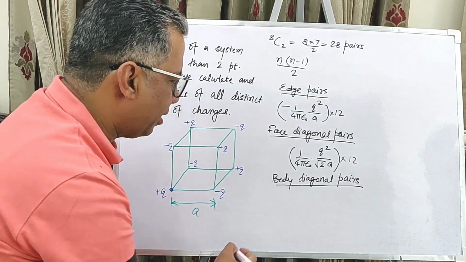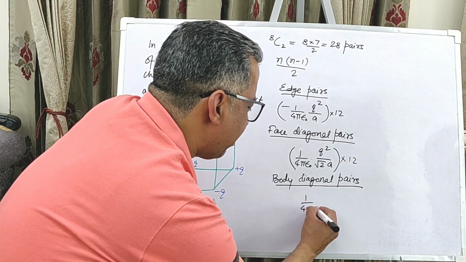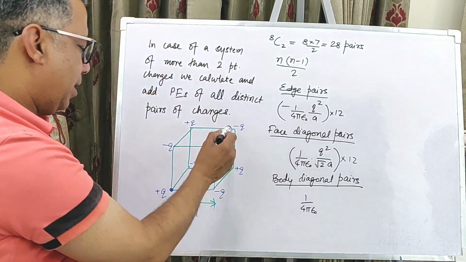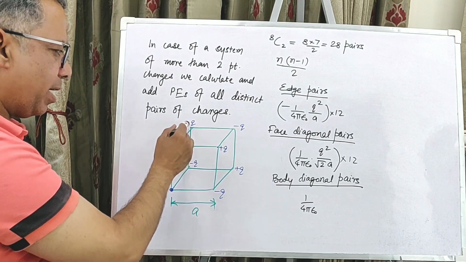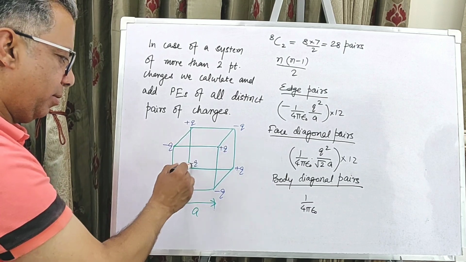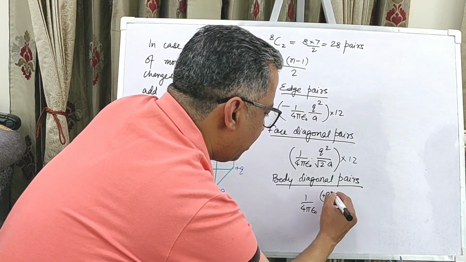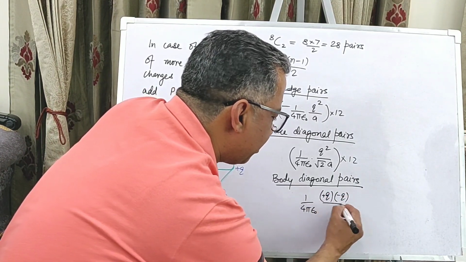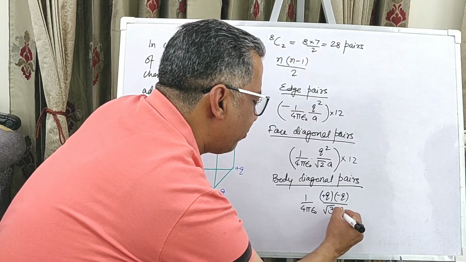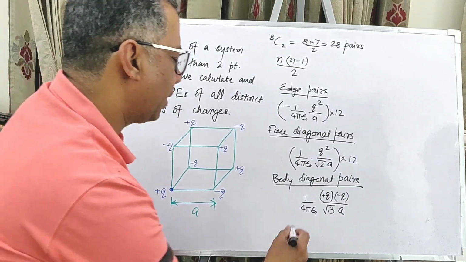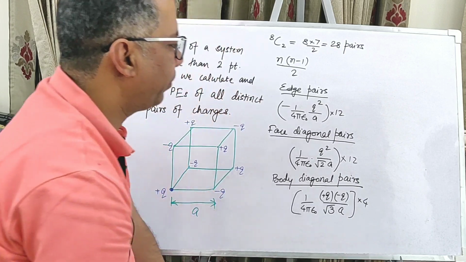For these 4 body diagonal pairs, let's calculate the potential energy of one of those pairs, 1 by 4 pi epsilon naught. The charges are opposite. On all body diagonals you have plus Q and minus Q, plus Q, minus Q, plus Q, minus Q. So you have plus Q into minus Q, so you have a minus Q square here, divided by the length of the body diagonal of a cube, which we all know is root 3A, and then we multiply by 4.